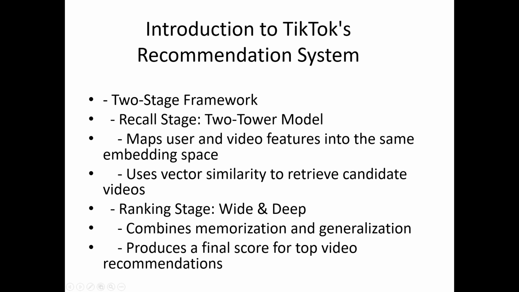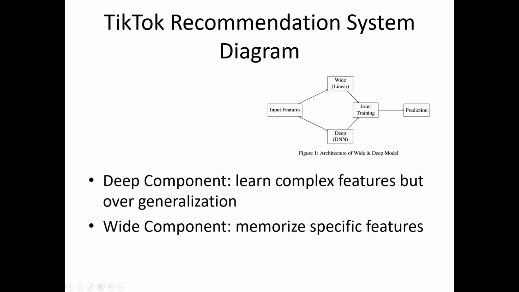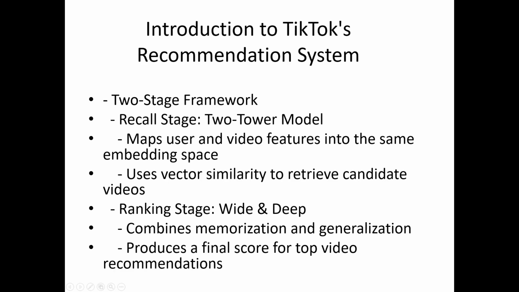Now, let's move on to the wide and deep model. It has two components: the wide component and the deep component. The deep component is a deep neural network that learns complex relationships between sparse features through embeddings.